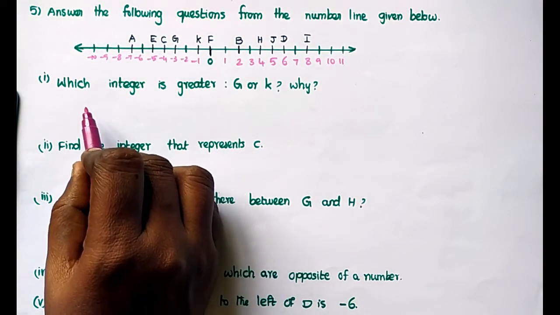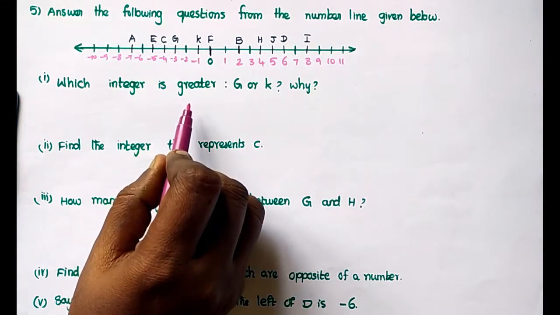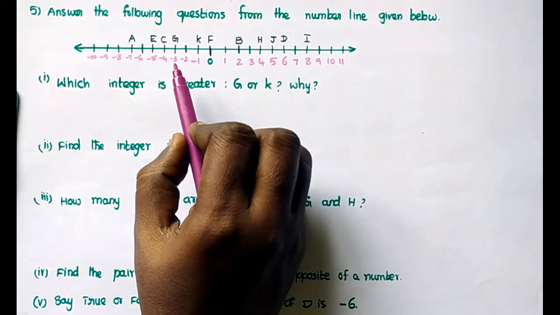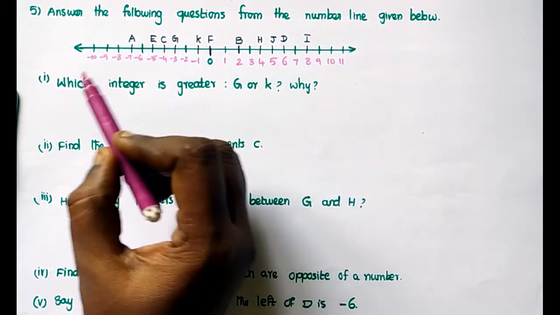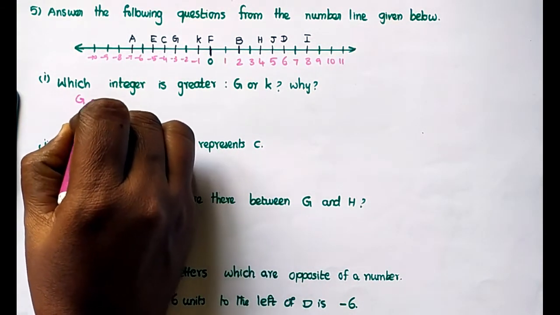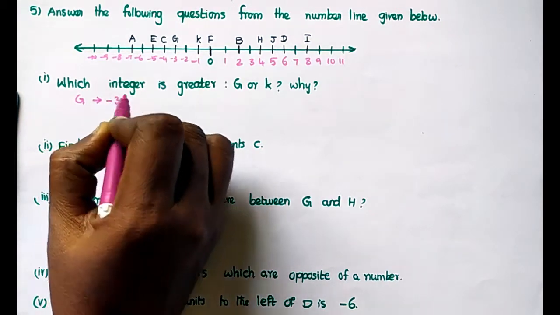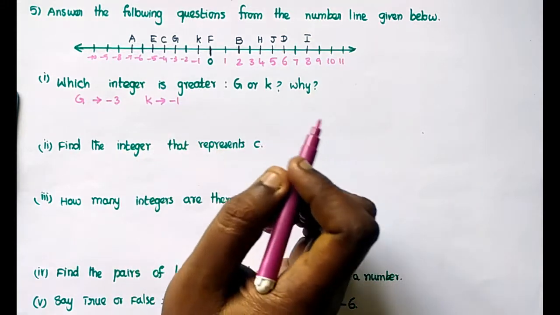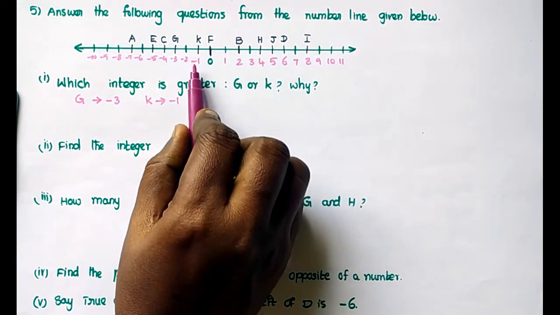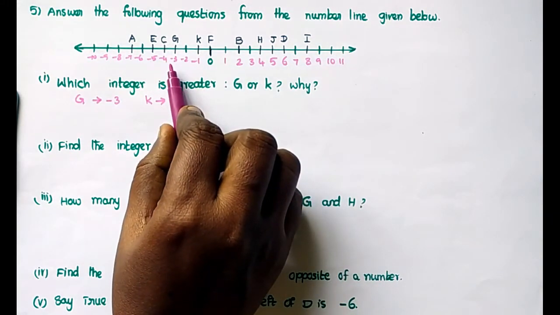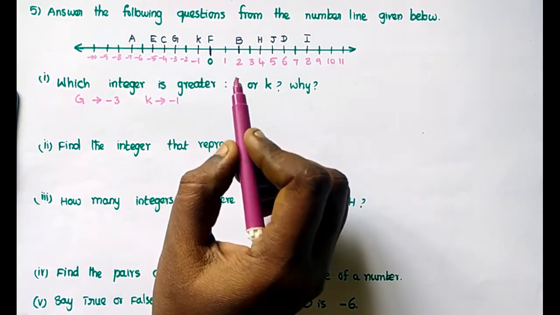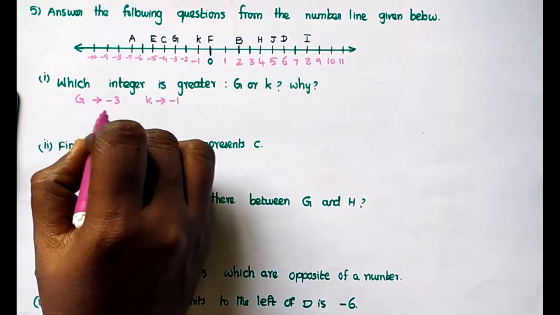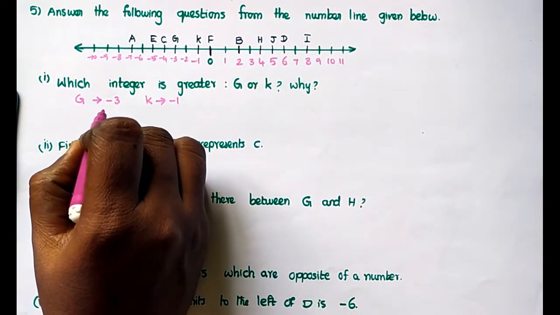Here first question, which integer is greater, G or K? Why? Listen, G is -3 and K is -1. Between -3 and -1, which number is greater?